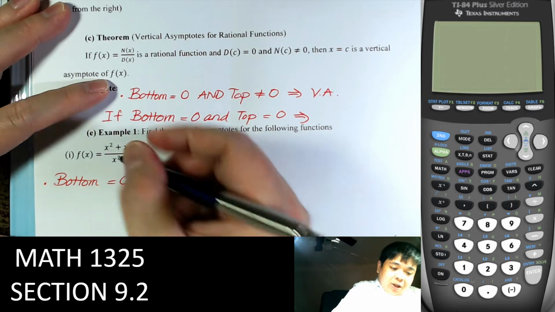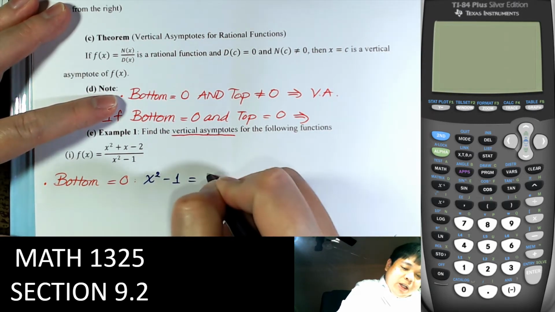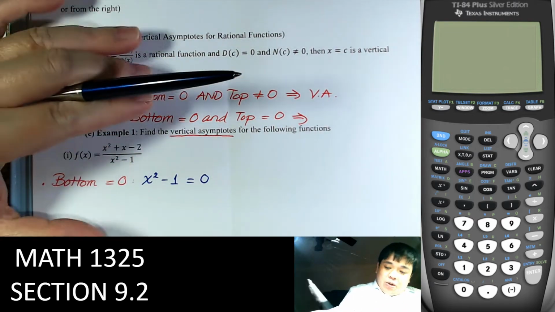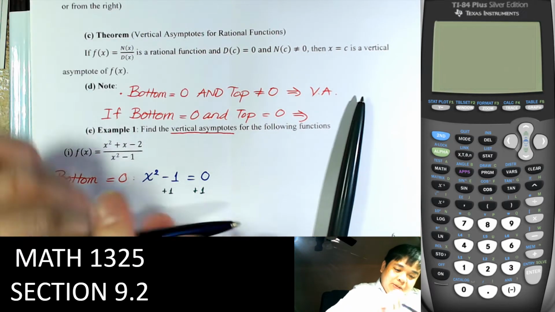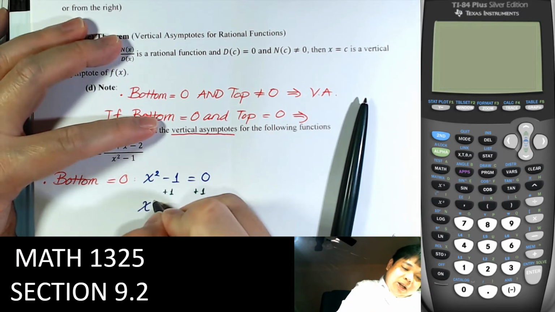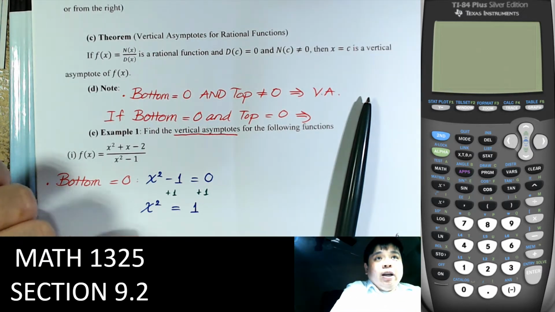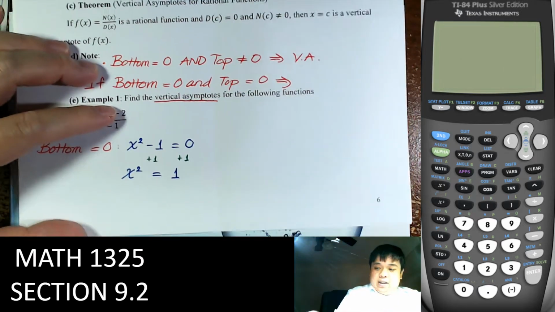We start with x squared minus 1 equals 0, and we add 1 on both sides. So we have x squared equals 1. Now, x squared equals 1, obviously x is equal to 1, but that's not all of it.